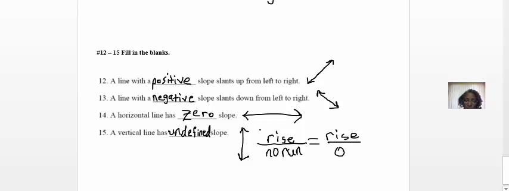And the key is the rise is non-zero, but the run is 0.